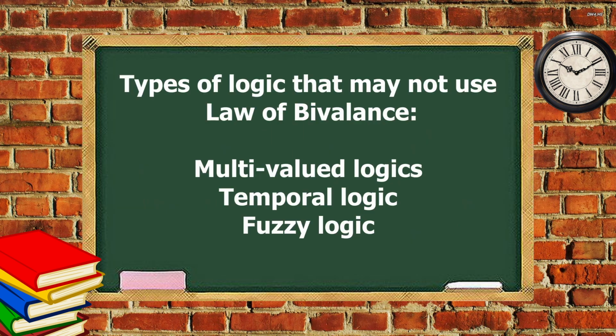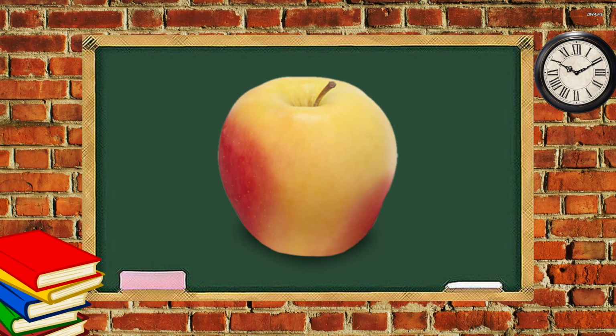As noted, multi-valued logic is not bivalent logic, and other forms of logic such as temporal logic or fuzzy logic may not use the law of bivalence as well. This is because some propositions may not be able to be properly understood in classical logic. For example, consider an apple that is partially red and partially yellow.